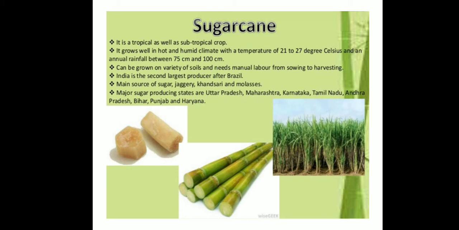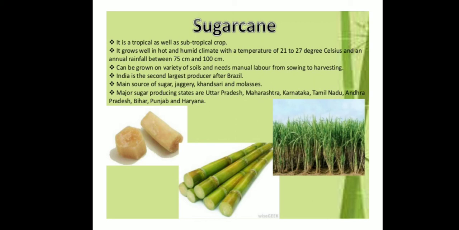It can be grown on a variety of soil. That means no fixed quality of soil is needed, and it needs manual labor from sowing to harvest. That means all the work from sowing the seed to harvesting is done by human beings. India is the second largest producer after Brazil.